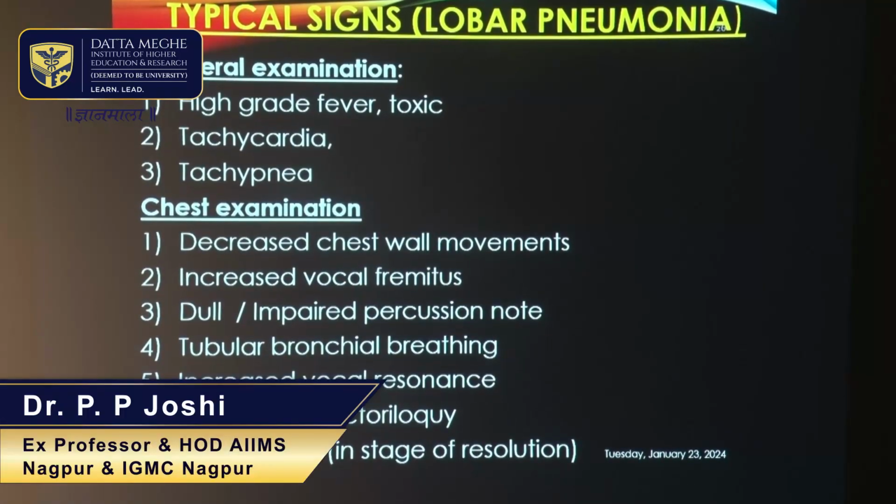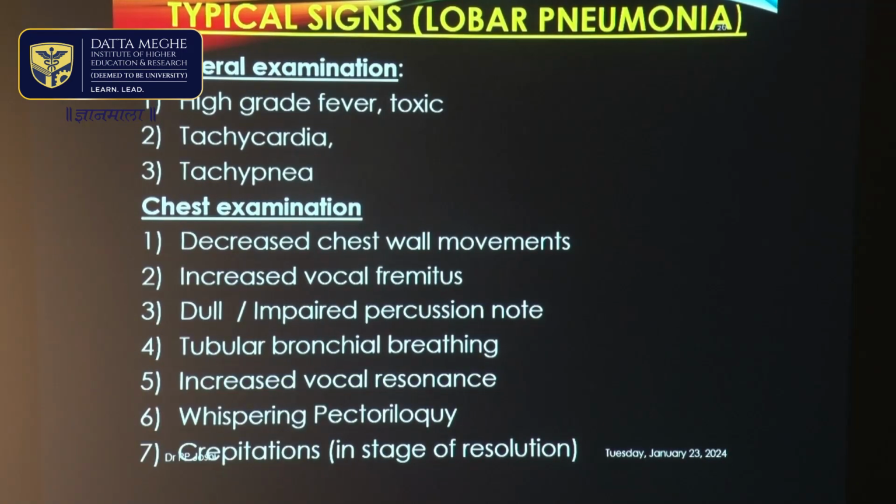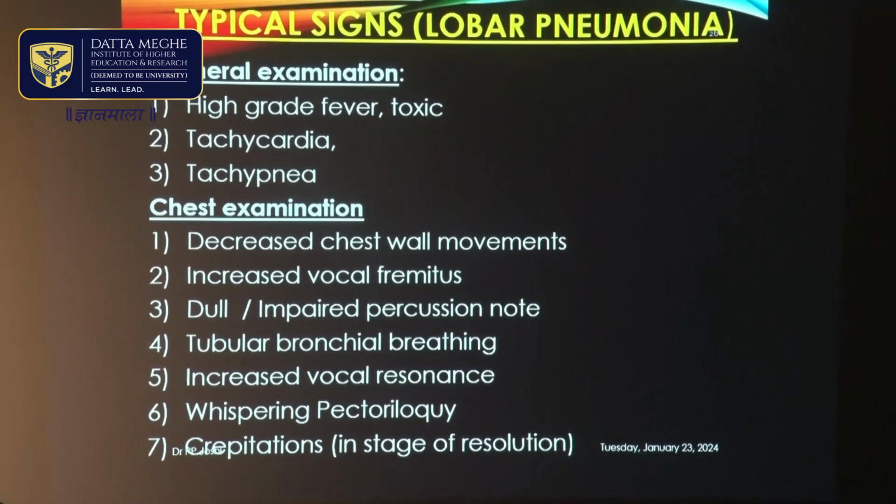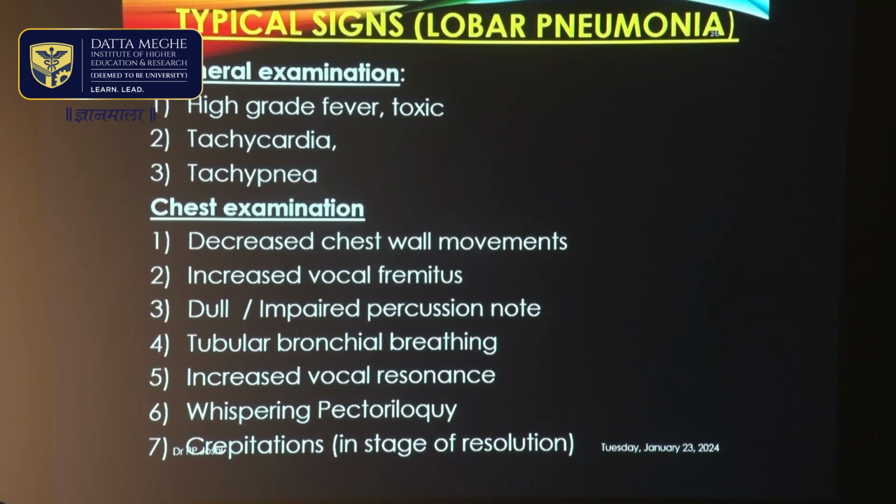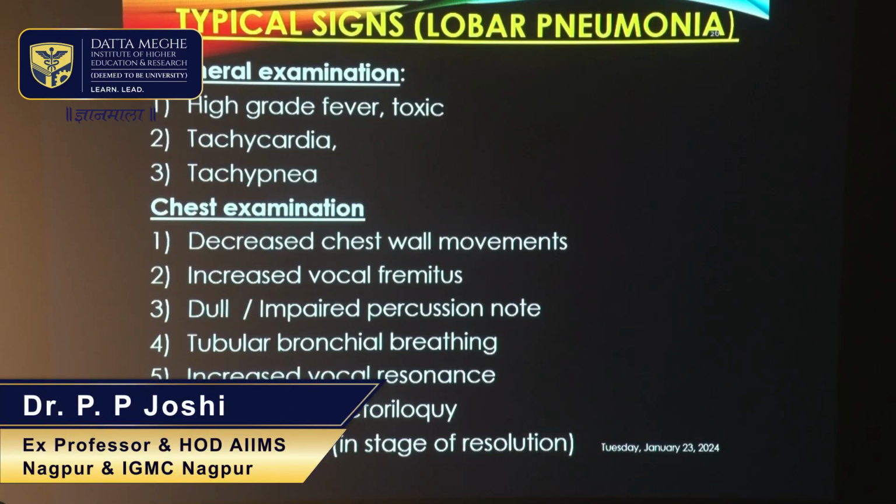A typical sign of pneumonia is that the respiratory rate increases, but there is no use of accessory muscles of respiration. They may also become cyanosed if the PaO2 drops, because hypoxia is a common complication of pneumonia.